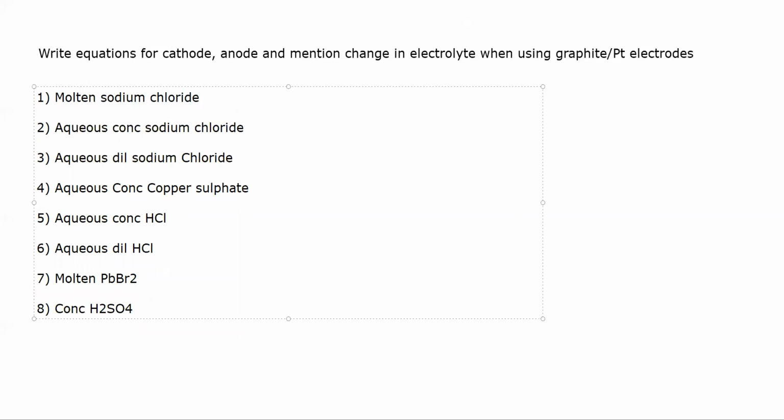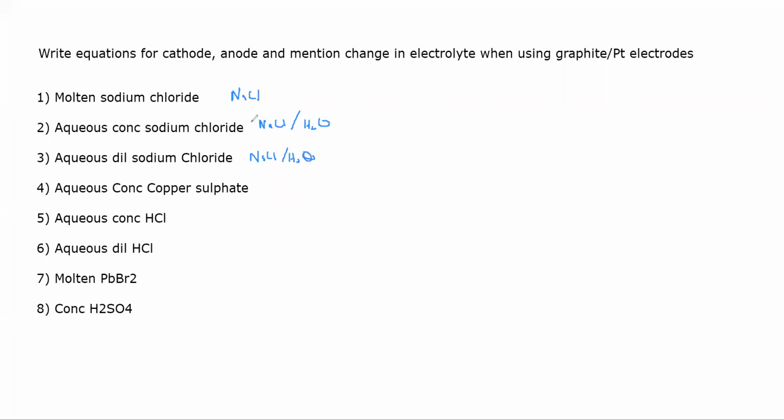So molten NaCl, I will write the formula NaCl here. Sodium chloride and water is there as well. This also contains sodium chloride and water. Concentrated and dilute you have to identify.